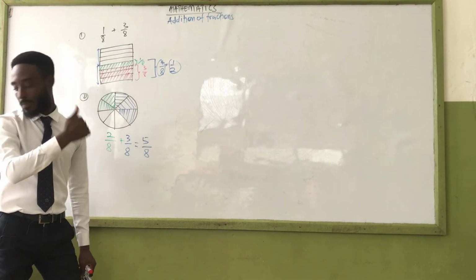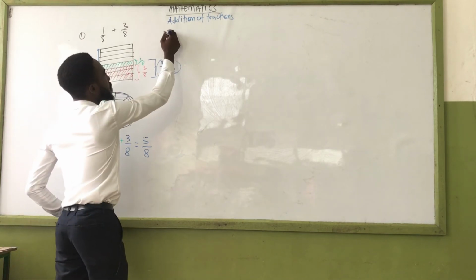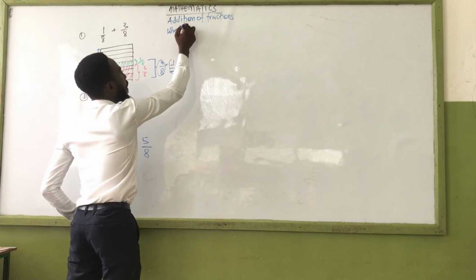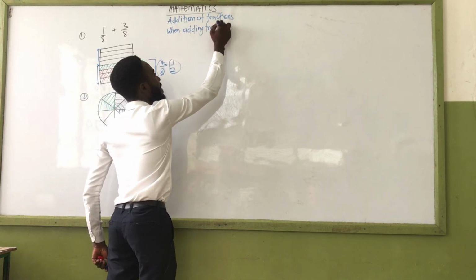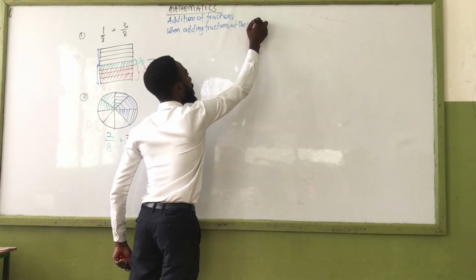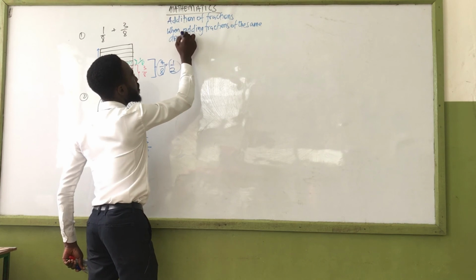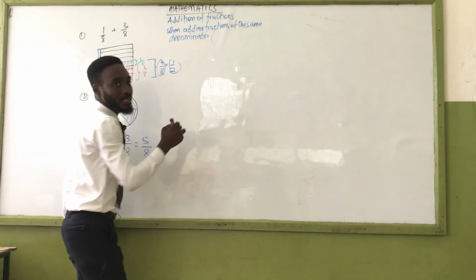Is that okay? So when adding fractions, you can write this in your notes. So when adding fractions of the same denominator, in brackets, what kind of fractions?